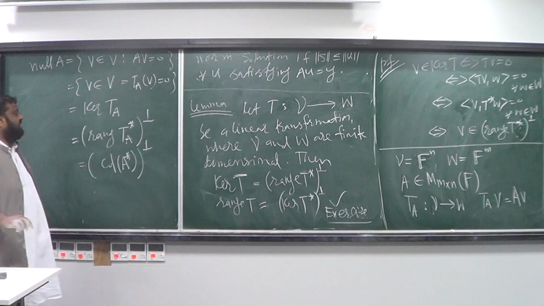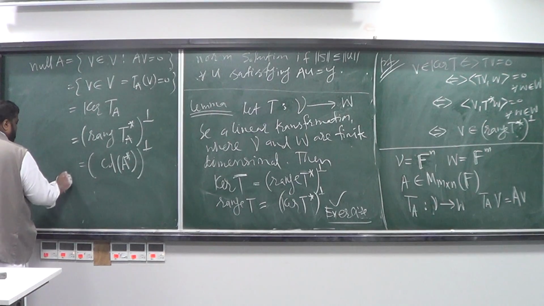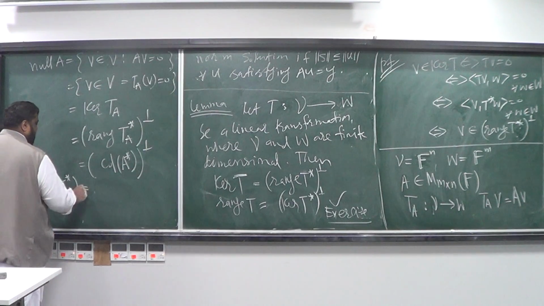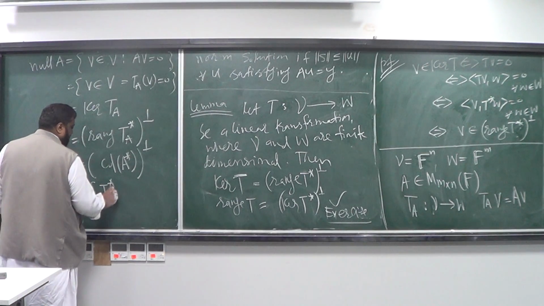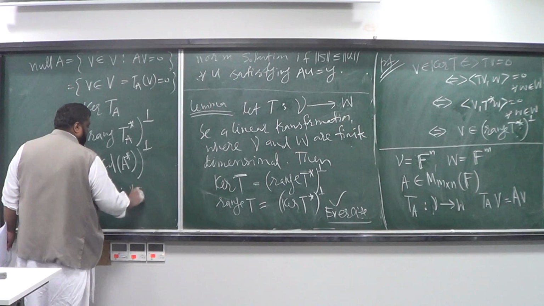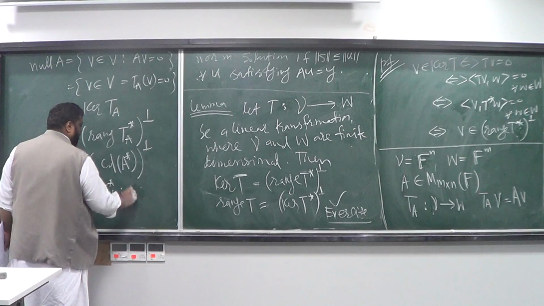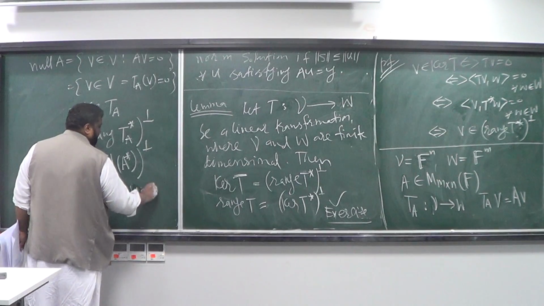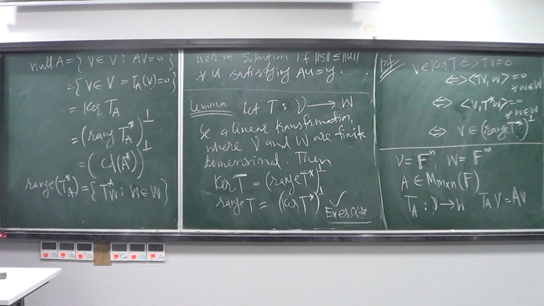Because if you write it a bit explicitly, the range of T_A star is the collection of the T_A star w, where the w are from the space W.